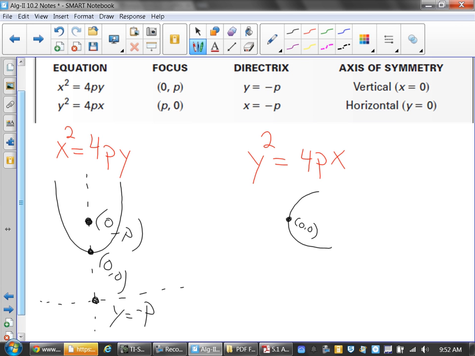So where's my axis of symmetry? Since this is a horizontally opening, left or right parabola, is it going to be x equals a number or y equals a number for the axis of symmetry? Y equals is my axis of symmetry. So y equals 0 is my axis of symmetry.